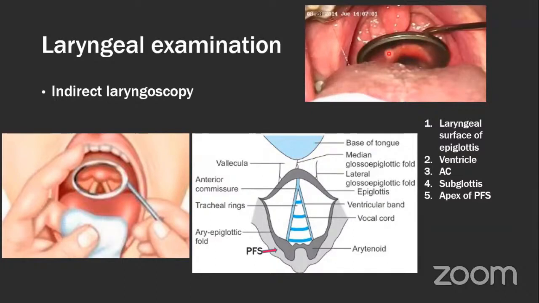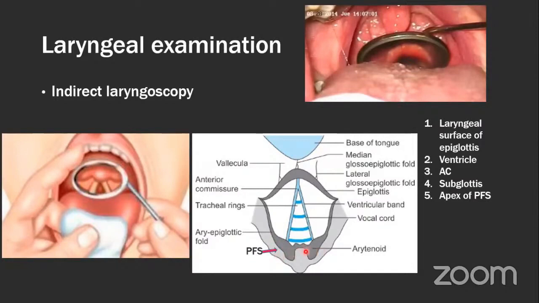Okay. Then what will you see? On tilting, you can see the false cord and the true cord. And on both sides, you can see the aryepiglottic fold, arytenoids, and the piriform fossa. The entire piriform fossa is not seen, only the upper part. The apex of the piriform fossa is again a blind area.